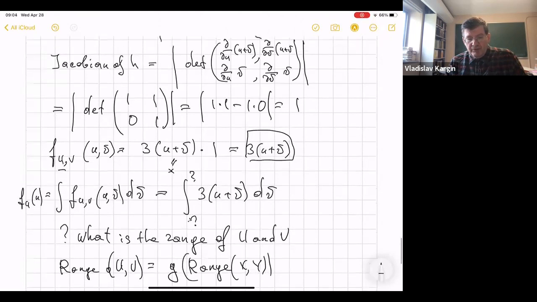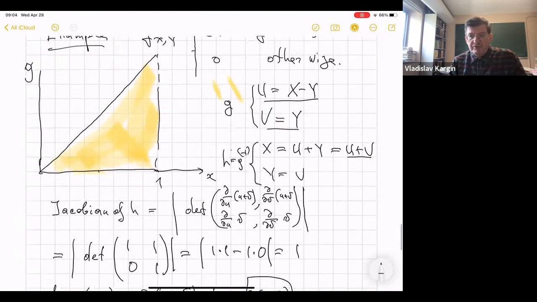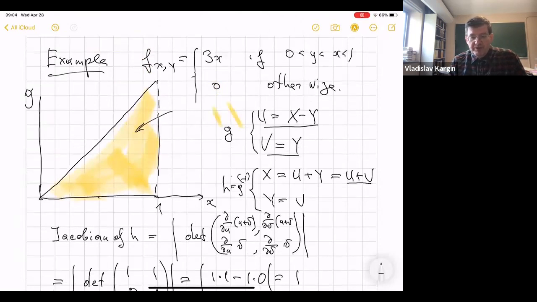If you look at this yellow thing, which I for some reason drew but have not used, it is the range of x and y. So the transformation g takes this range and maps it to something, and that will be the range of u and v. But to what?